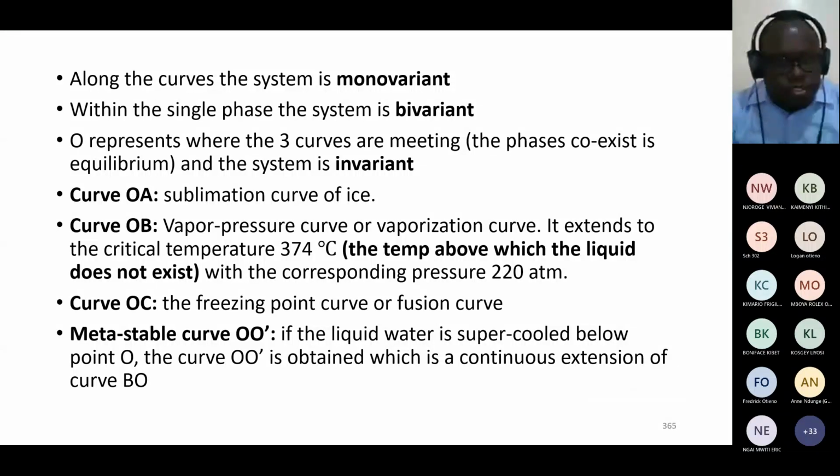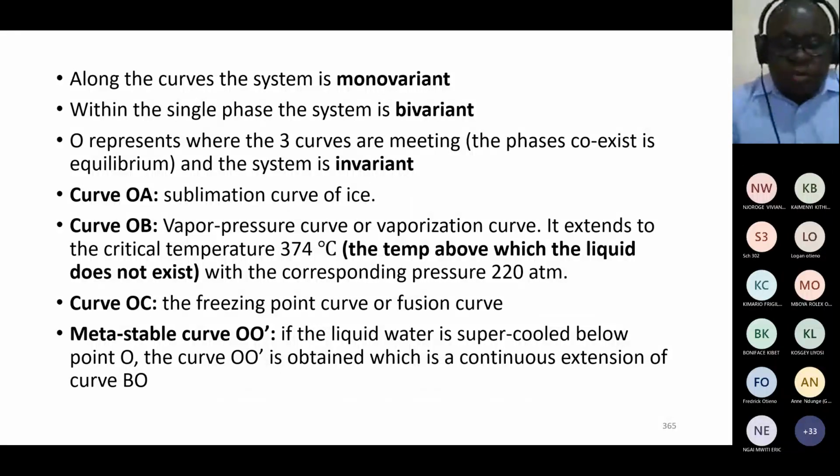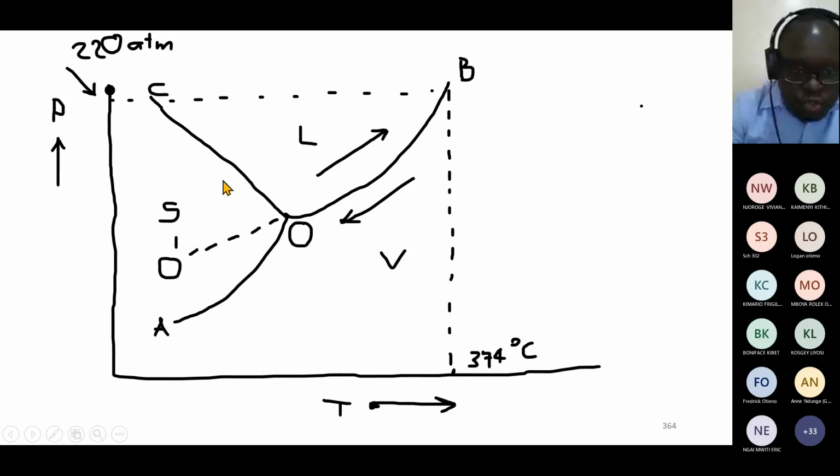It tells how the freezing temperature of ice varies with pressure in such a way that the two phases are in equilibrium. So this shows you how the freezing temperature varies with pressure.